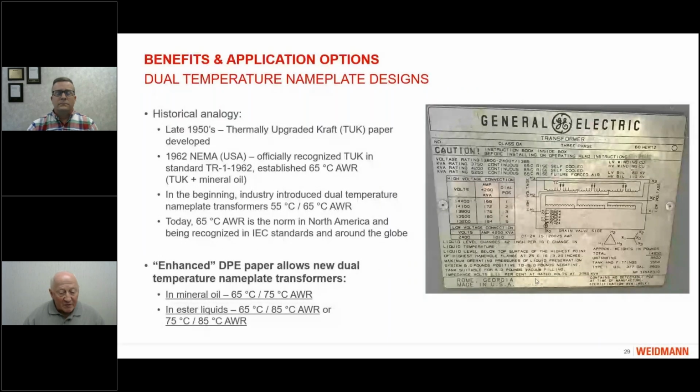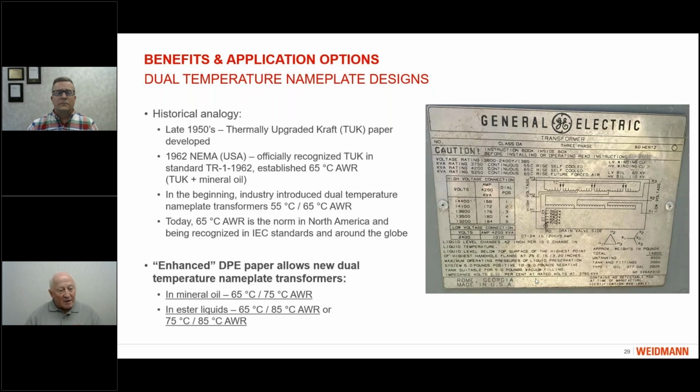So the other concept that I would like to introduce, which is actually based on the higher thermal capability of the insulation system, is so-called dual temperature nameplate designs, or dual nameplate rating transformers. If we look at a historical analogy, we can recall that thermally upgraded kraft paper was developed in the 1950s.